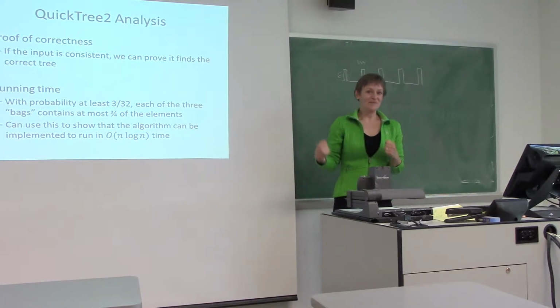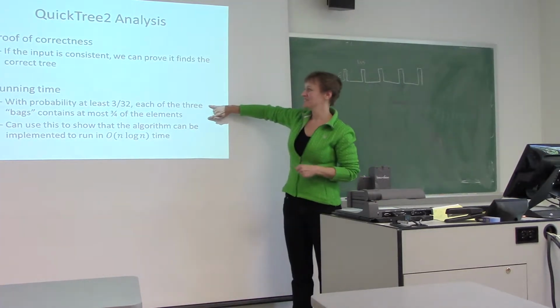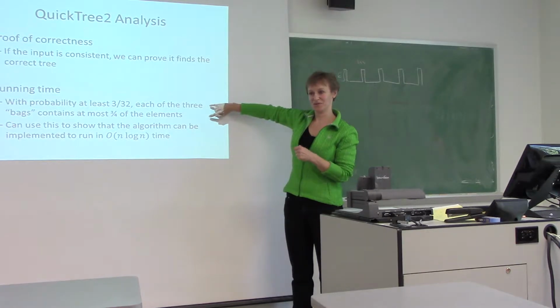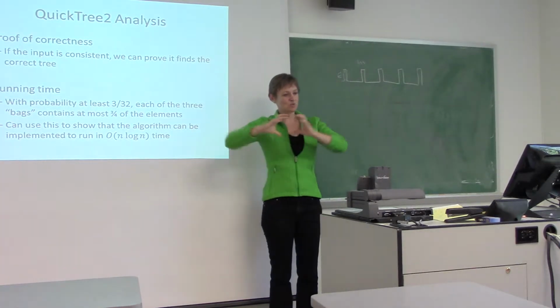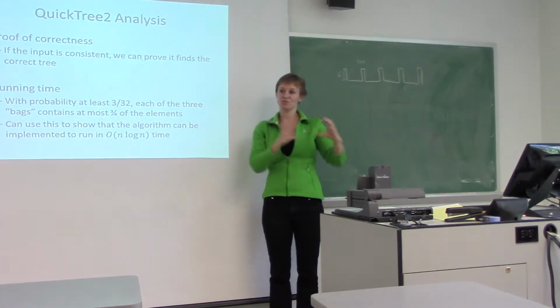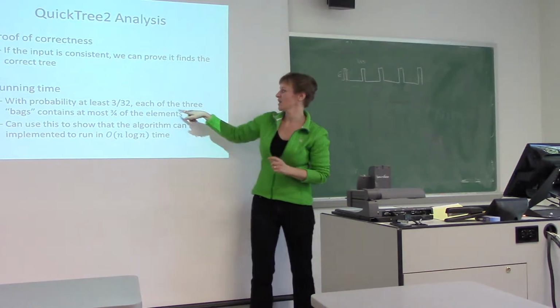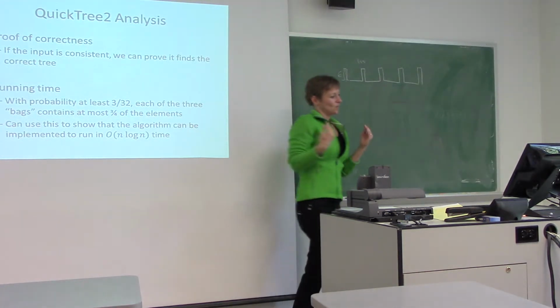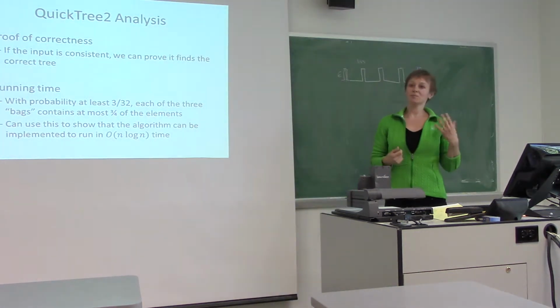What that means is that with probability at least 3/32, I'm able to split my input up into roughly equal sized parts. They're not too big. So you can show that you can implement the algorithm to run in order n log n time.